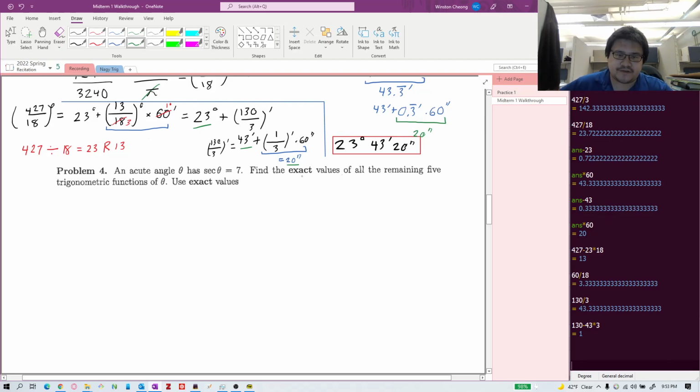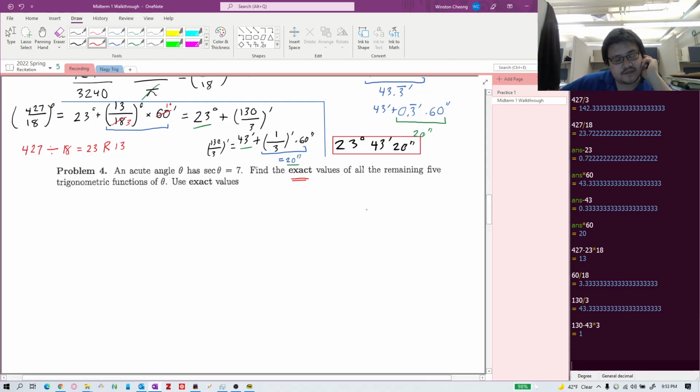We want to find the exact values, and exact here is important. I know that a lot of people rounded for this problem, and that's not good. If it asks you for exact values, you have to give an exact value, which means you can't round, you can't truncate your decimal.